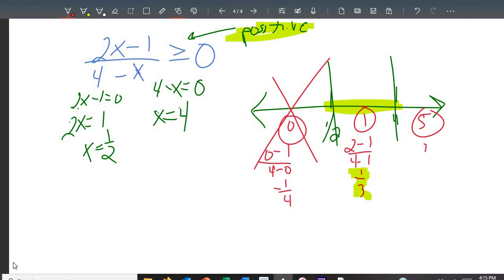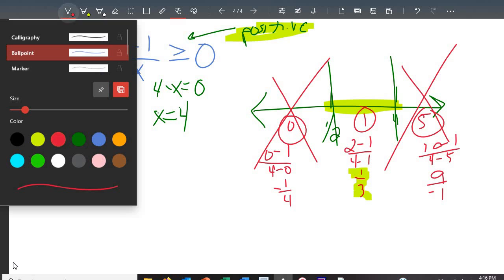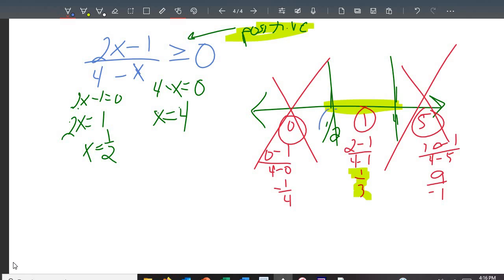Now when I plug 5 in, I'm going to get 10 minus 1 in the top, and 4 minus 5 in the bottom, which gives me 9 over negative 1, which is a negative number, which means that doesn't work. Now, make sure you're paying attention. These are the two numbers in the answer.